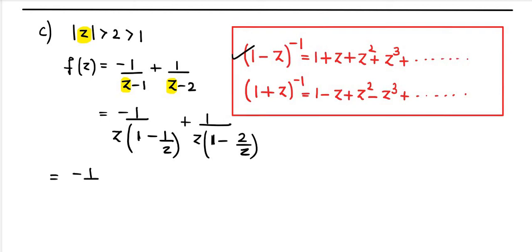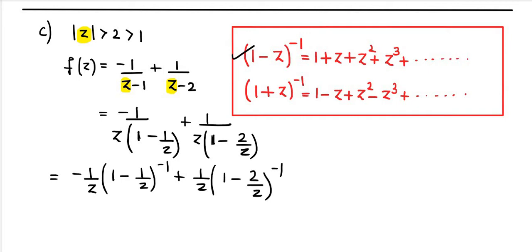Bring the small bracket to the numerator and then expand. So, using the first series expansion, you will get this answer.